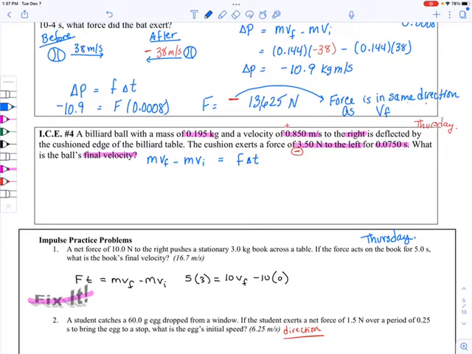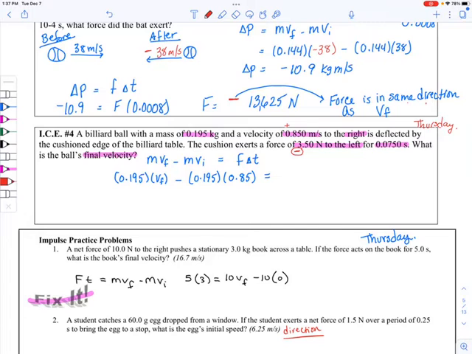The mass is 0.195 times the final velocity, which is what we're looking for. And we subtract that from 0.195 times the initial velocity, which is positive 0.85. And that equals, this is where it gets tricky.